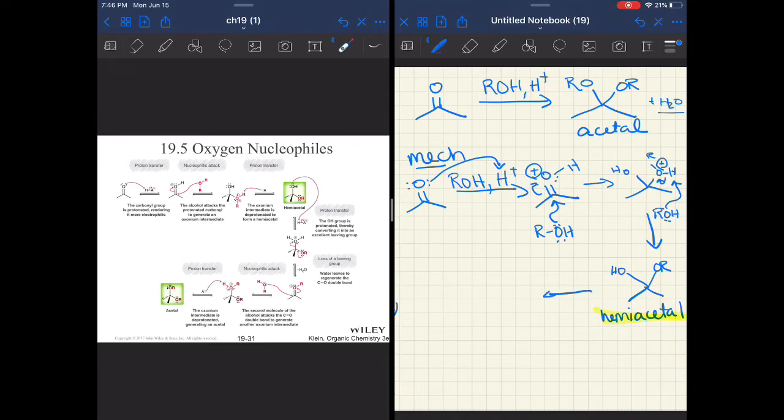Because we're in an acidic environment, you can take that from HA, you can take it from your protonated alcohol, you can just do H+. We're going to protonate that alcohol. We know we want that OH gone, and OHs are not good leaving groups, especially in acidic conditions. Maybe if it was basic, you could lose OH minus, but not in acidic. But water is a great leaving group.